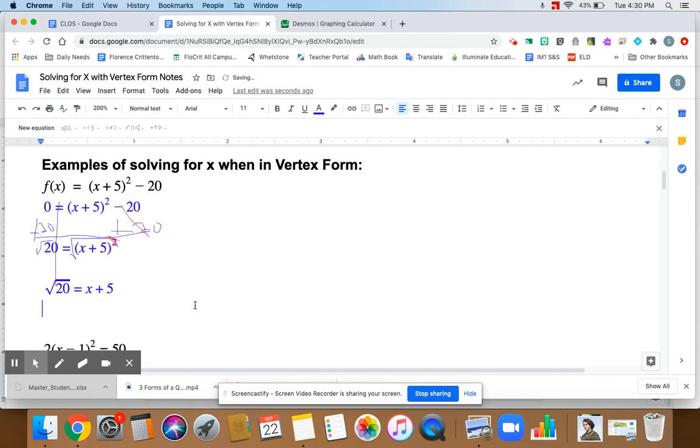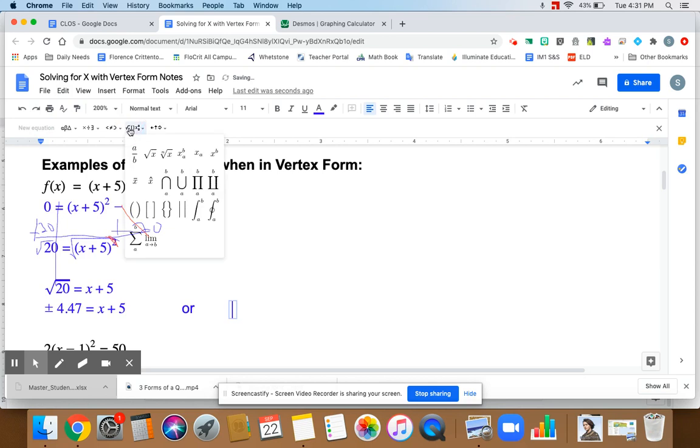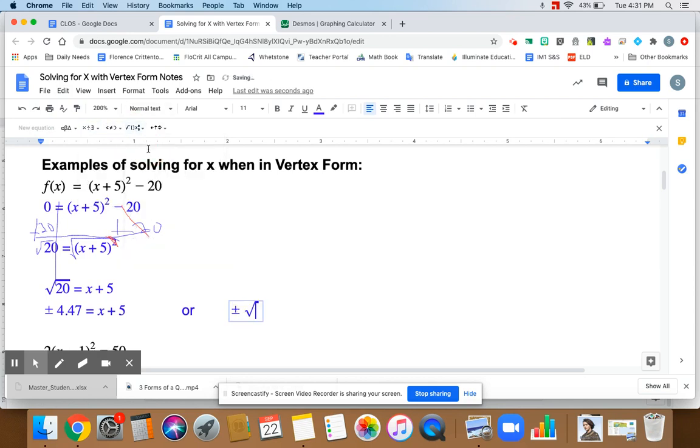So I could say 4.47. However, it's important to remember that if this is a plus, the positive version and the negative version equals x plus 5. Or I could also say that 20 breaks apart into 2 times 10, and 10 breaks apart into 2 times 5, and 5 is a prime number.